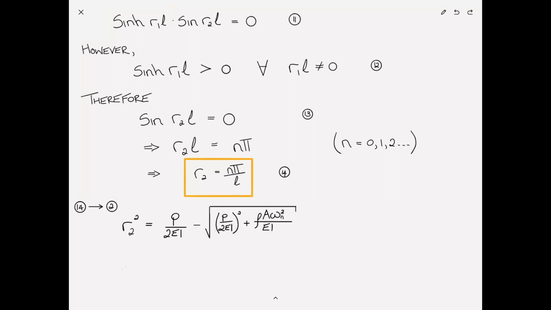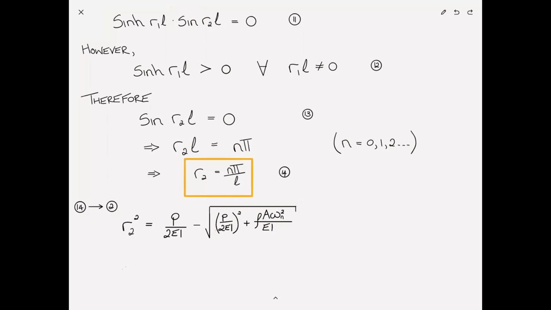And that's the negative square root of (P over 2EI) squared plus rho A omega n squared divided by EI. Now I remind you that this gives you an imaginary root. R2 is imaginary because I've got to take the square root of this value, which is necessarily less than 0.